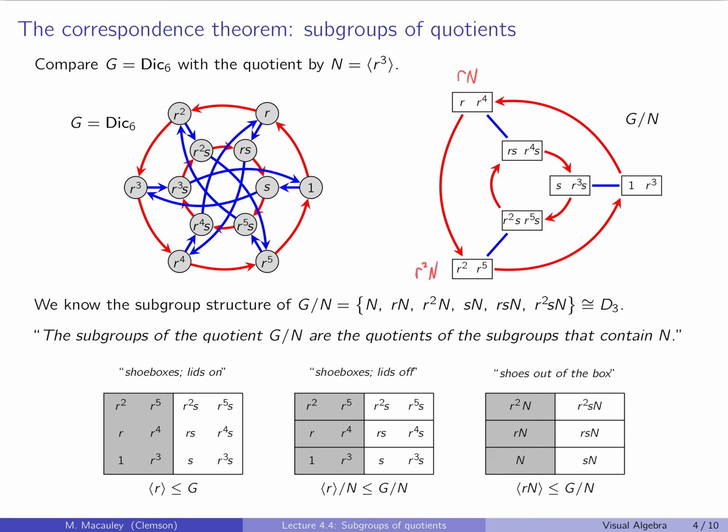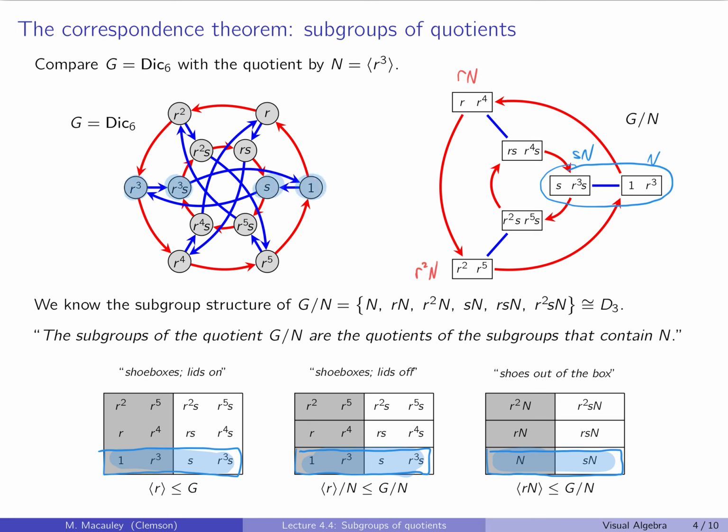Let's do one more example. Let's take the subgroup of the quotient consisting of these 2 cosets. So this one here is just N. This one here is Sn. So that consists of these 2 shoeboxes. And if you take the lids out of these shoeboxes, you get these 4 elements, or you can see inside, and these 4 elements right here, let me shade them like that, are precisely these four elements right here.